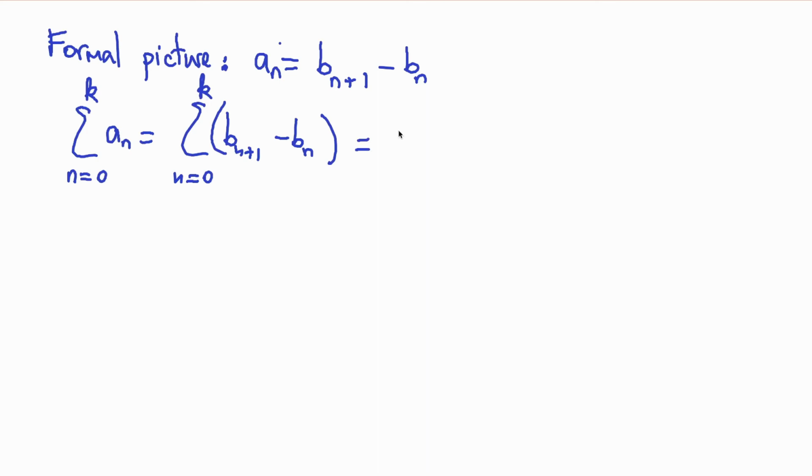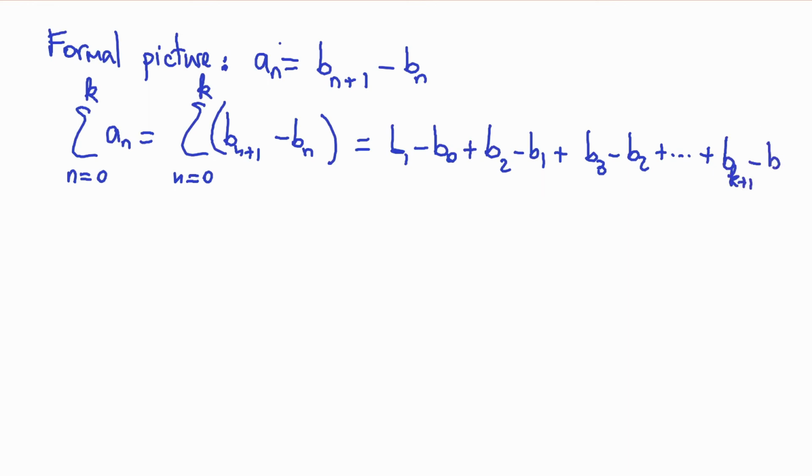This becomes b_1 minus b_0 plus b_2 minus b_1 plus b_3 minus b_2, and so forth. You see a bunch of cancellation, and then finally the last term we get is going to be b_(k+1) minus b_k. So who doesn't cancel?